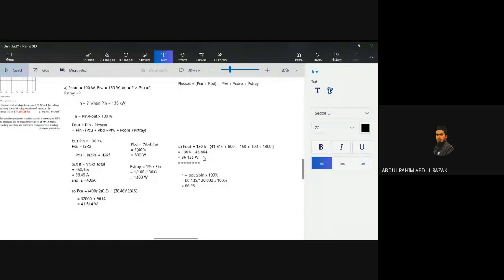So kalau betul, 41614 plus 800 plus 150 plus 100 plus 1300, so become 43964. Oh betul lah, 43964. Saya mikir silap kan? 100, 15, 100, 13. 43964 should be 43964 here.